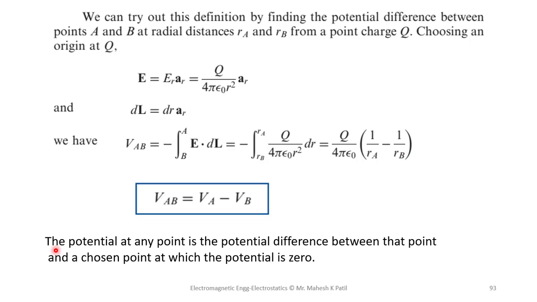So the potential at any point is the potential difference between that point and a chosen point at which the potential is 0. So V suffix AB can be written as V_A minus V_B, where A is the final point, B is the initial point. In some of the books, this equation is written as V_AB as V_B minus V_A, where A is the initial point and B is the final point. But here we considered A as the final point, B as the initial point.